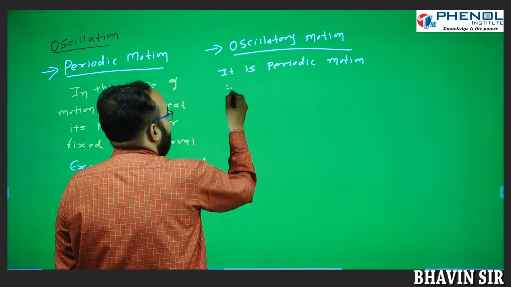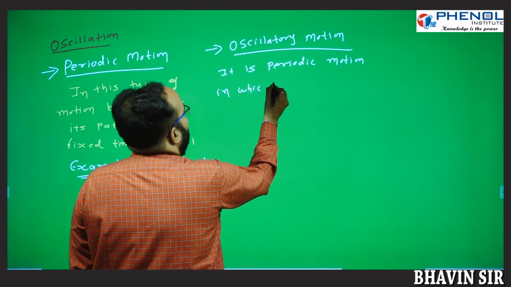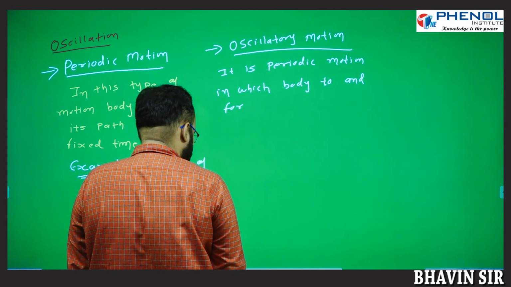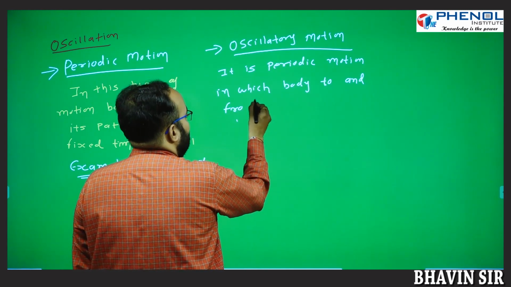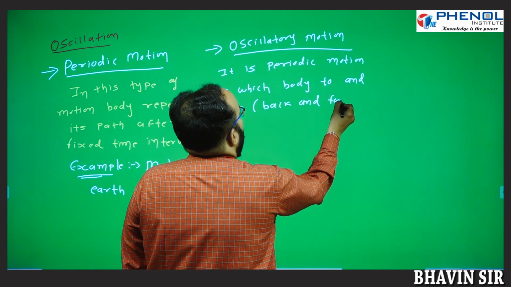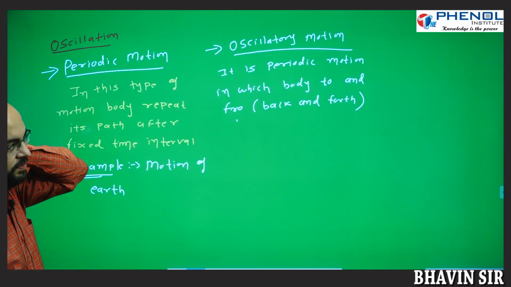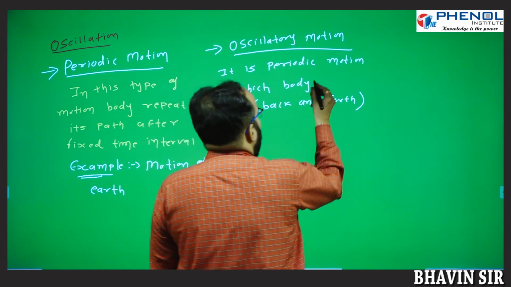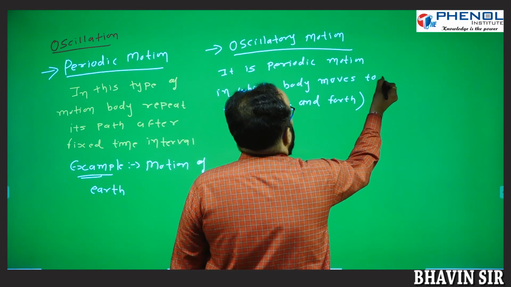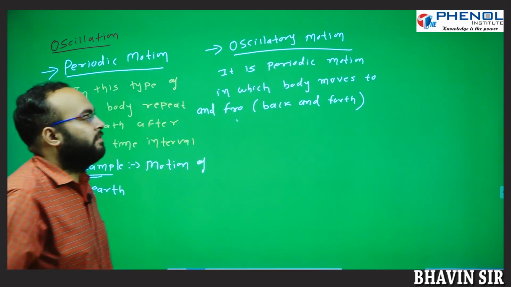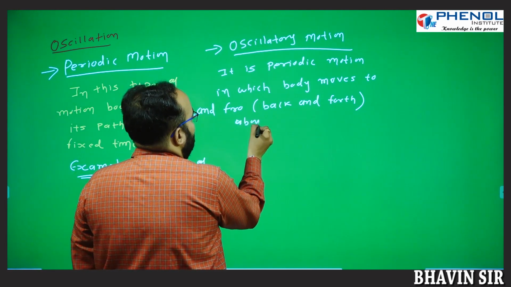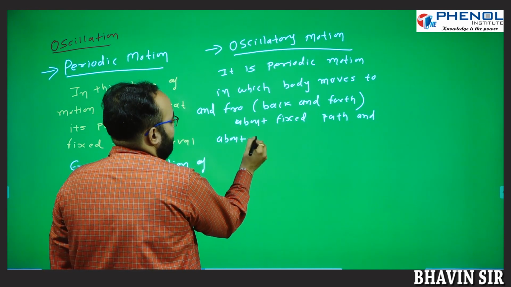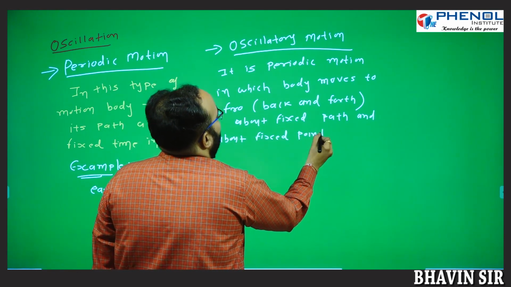It is periodic motion in which the body moves to and fro, up and down, back and forth about a fixed path and about a fixed point. This fixed point is known as its mean position.